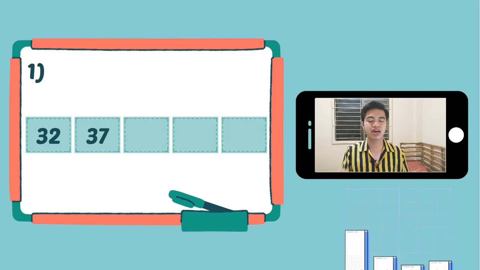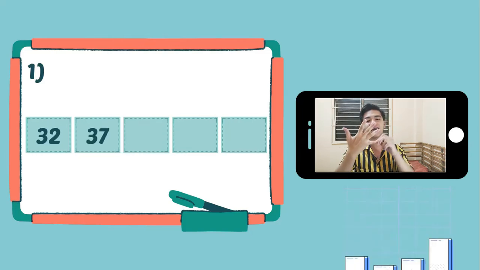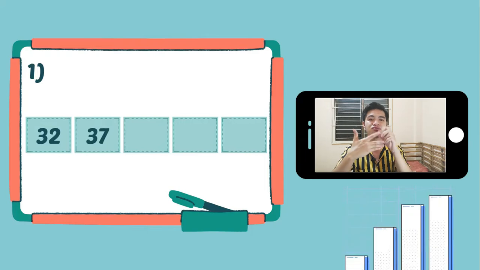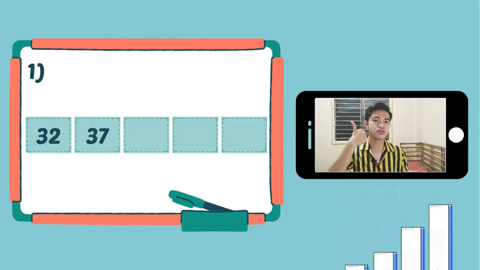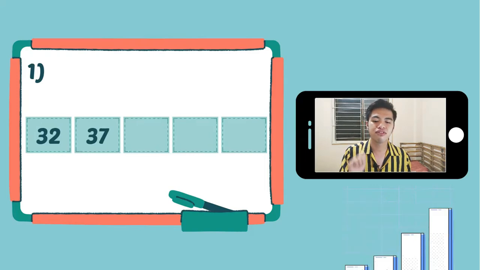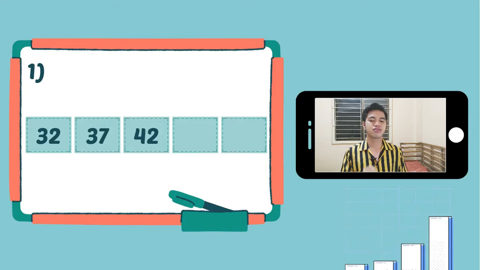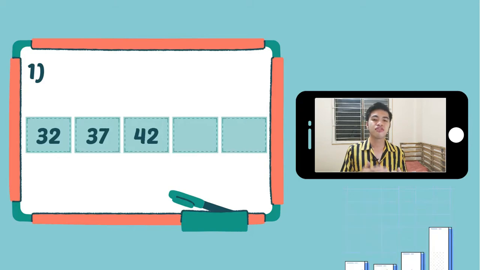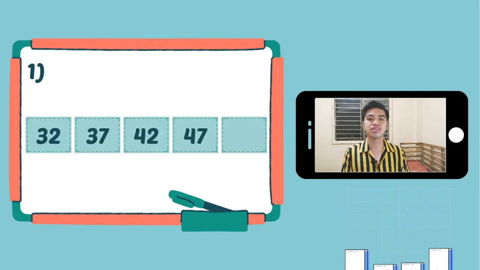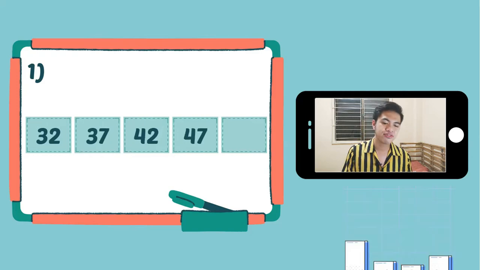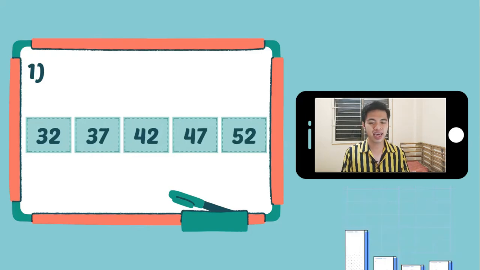And then 37, another plus 5, 38, 39, 40, 41, and 42. So the next number will be 42. For the next number, we will do the same thing. 42 plus 5 is 47. And 47 plus 5 is 52. Okay? So that is how we do it.